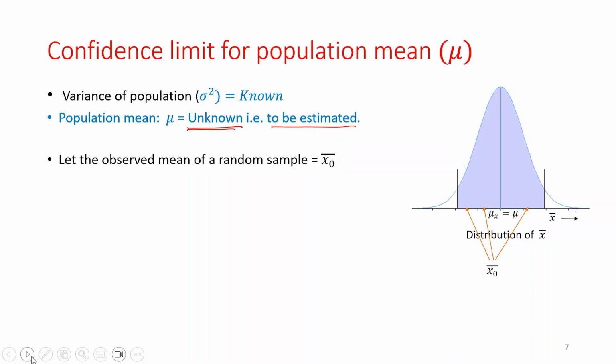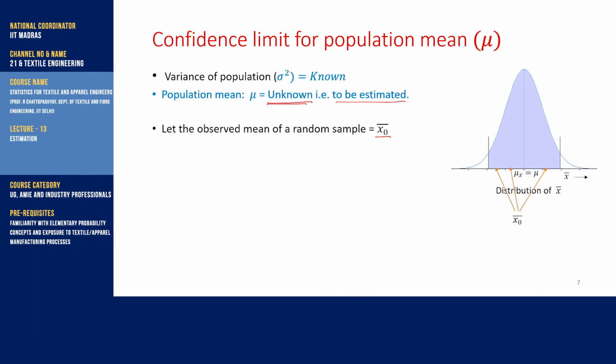Let the observed mean of a random sample of size small n be, let us say, x̄₀. This 0 stands for observed. So we take a random sample of size small n and we find out the mean, and the value comes, let us say, x̄₀. The bar indicates the mean always.